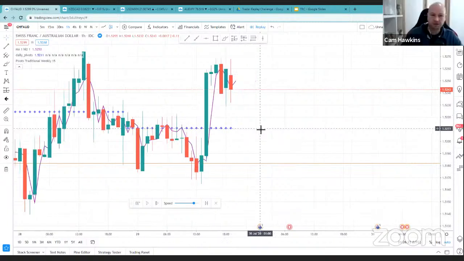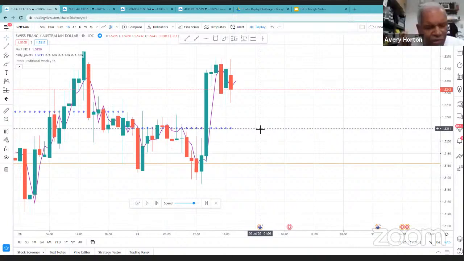Do you want to give a bit more explanation of the method behind the madness, like the theory behind the pivot and how that works? Well, statistically, most pivots get hit. The daily pivot, depending on the pair, gets hit somewhere between 80 to 90% of the time.